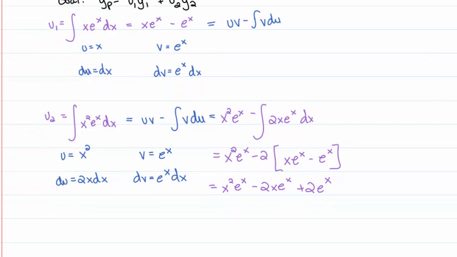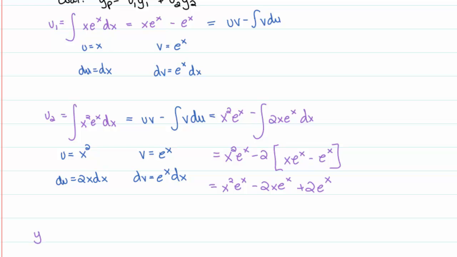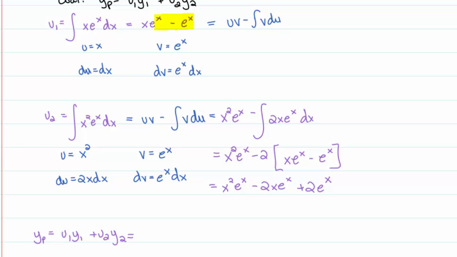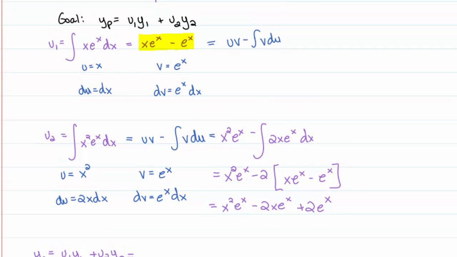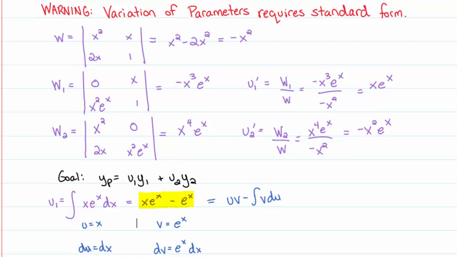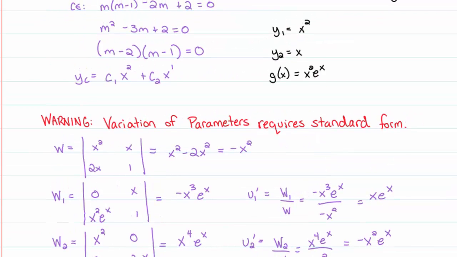Anyhow, so we get down to that the particular solution to our non-homogeneous is going to be u1 y1 plus u2 y2. So take that u1 that we have right here, and we're going to multiply it by y1, which is somewhere up here, x squared.